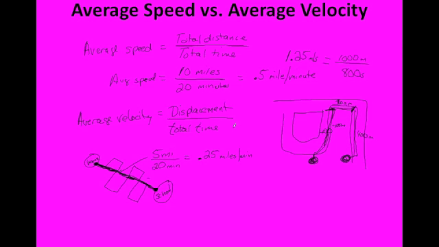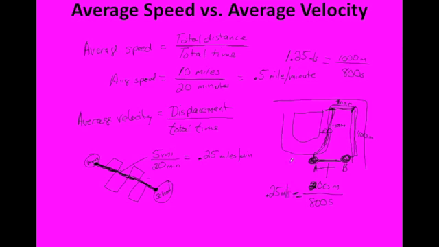If we're going to calculate average velocity for the trip to our friend's house, we said that house A in a straight line through the woods is 200 meters away. If it's only 200 meters and it took you 800 seconds to get there, your average velocity is going to be 0.25 meters per second.